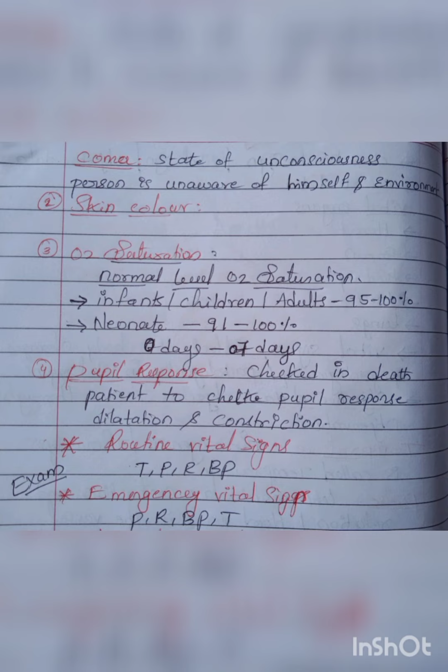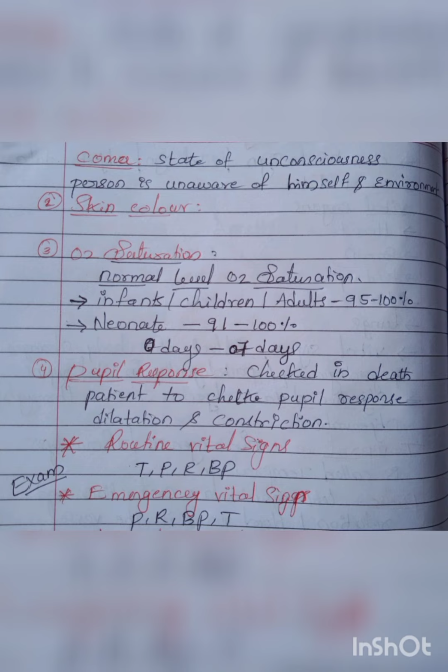Pupil reaction also we consider as a vital sign. Why? In case of unconsciousness, we have to check the pupil reaction of the person to confirm the death of the person, whether pupils are dilated or constricted.